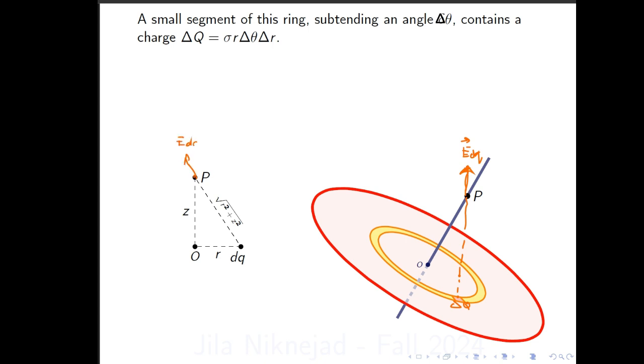Now, field E sub dq is due to the charge delta q at distance square root of r squared plus z squared. Therefore, the magnitude of this field is going to be k delta q divided by the distance, which is the square root of r squared plus z squared, to the power 2.